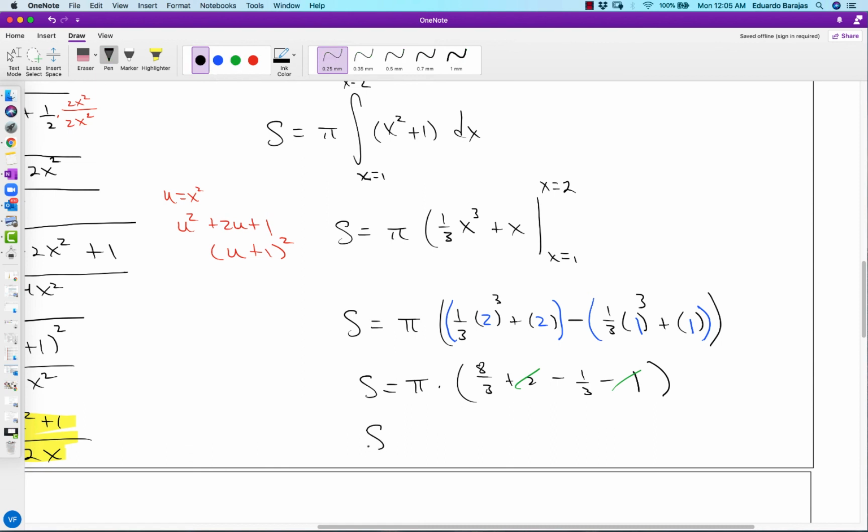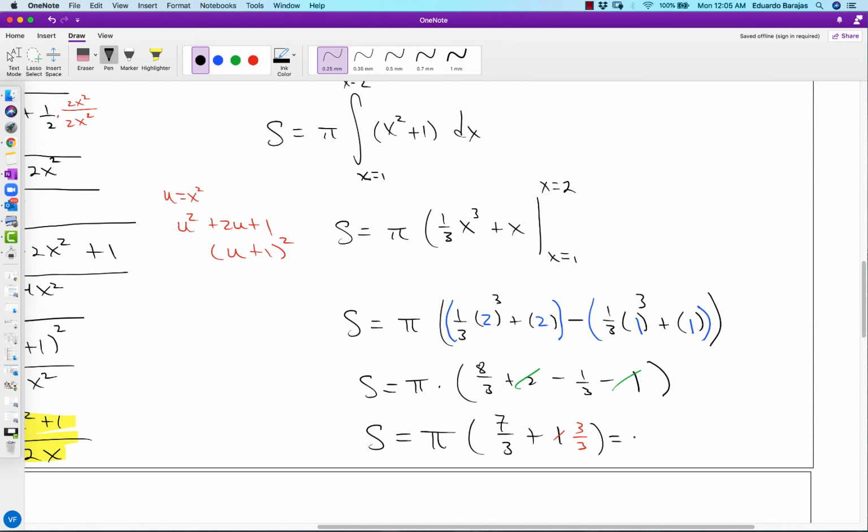So this becomes s equals pi, parentheses, that's going to be 8/3, well, 8 minus 1 becomes 7. Let's make that 7/3 plus 1. And then that plus 1 can be written as 3/3, which then will lead me to 10/3. Right?